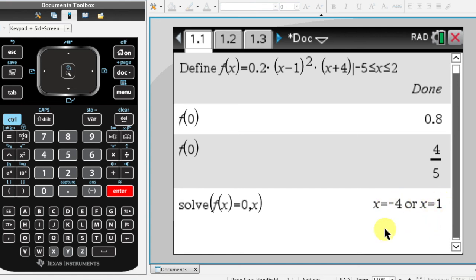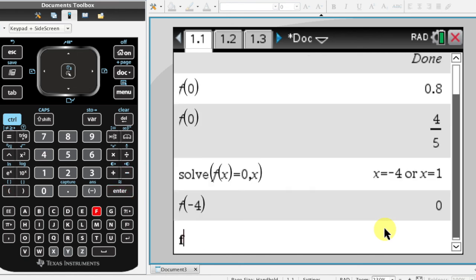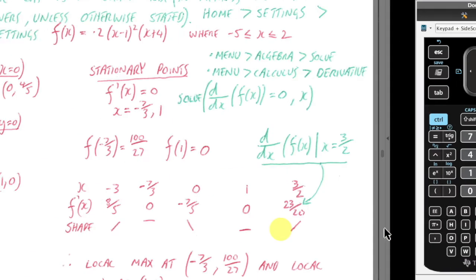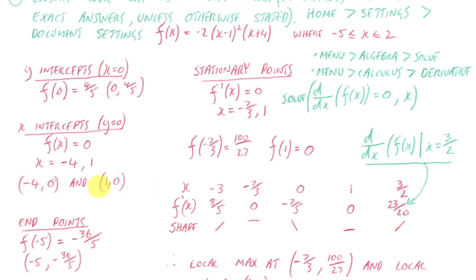What are their corresponding y values? F of -4 and f of 1. And so you can see I have those there. Now they were x-intercepts, so I didn't even need to do that on my CAS.